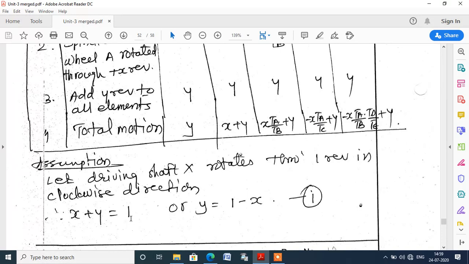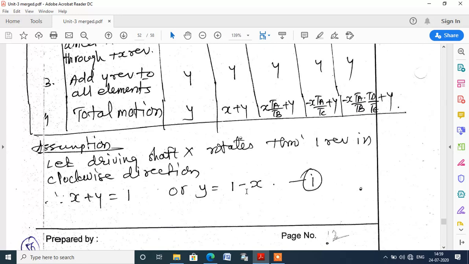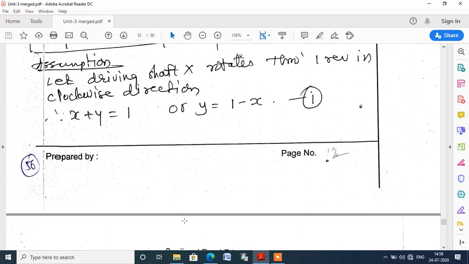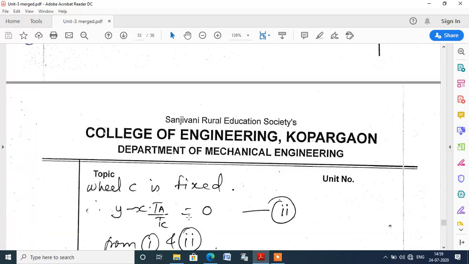So x plus y equals 1, so y equals 1 minus x. Correct? Let us take this assumption.